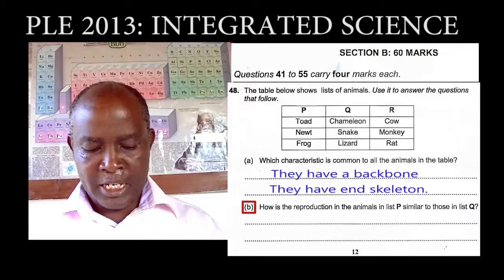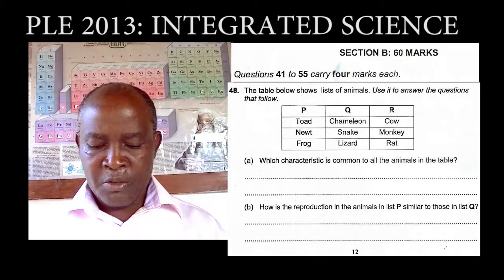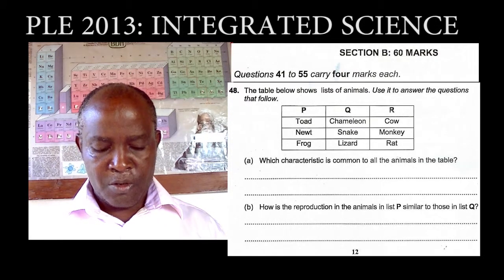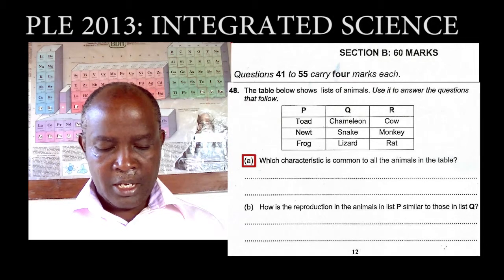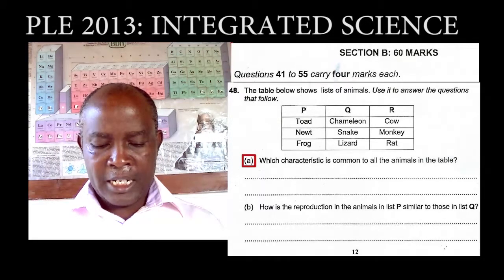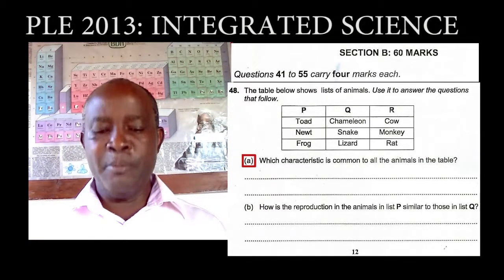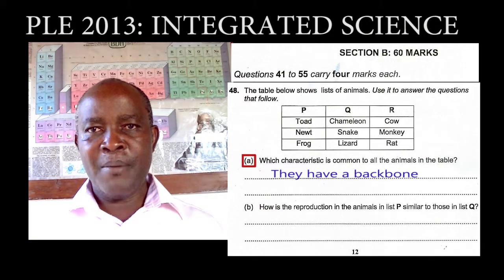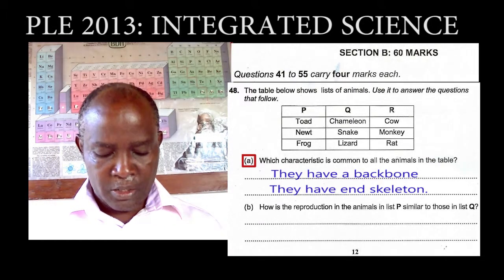Number 48. The table below shows a list of animals. Use it to answer questions that follow. P. We have toad. Which characteristic is common to all animals in the table? They have a backbone. They have an endoskeleton.